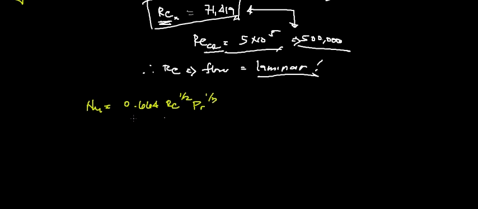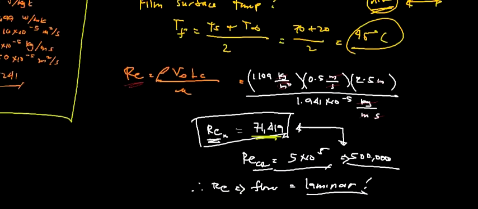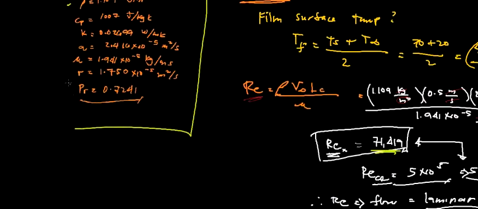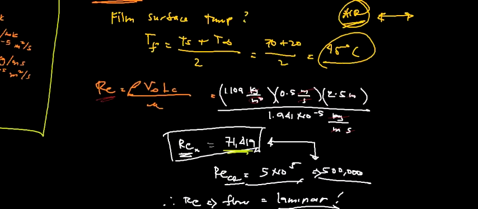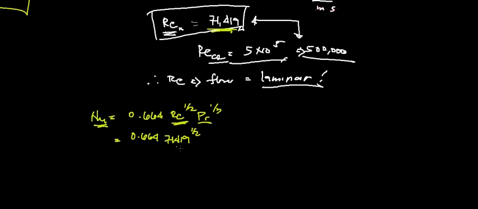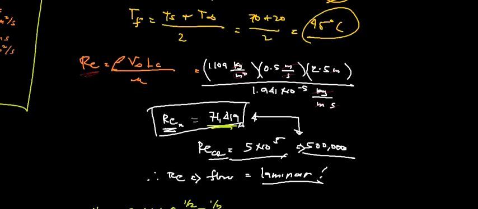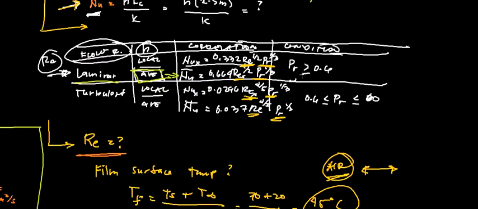So we can now compute the value of our Nu: 0.664, our Re is 71419 raised to 1/2, and our Pr is 0.7241 raised to 1/3.